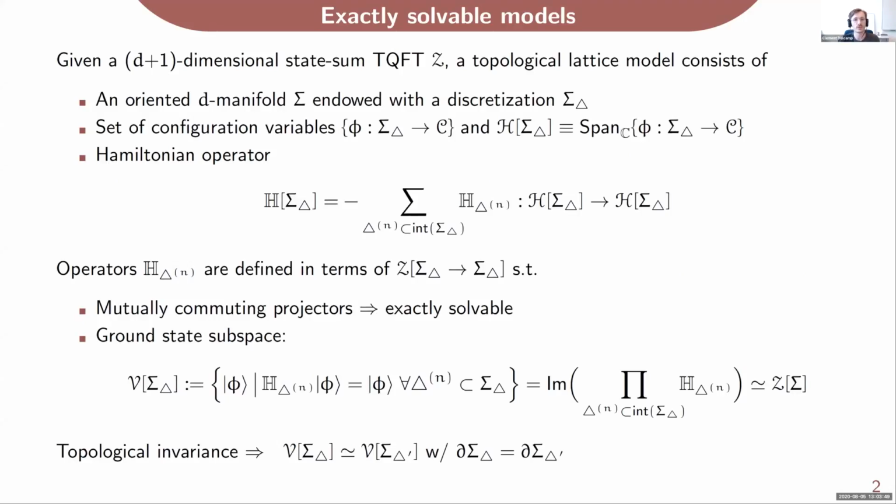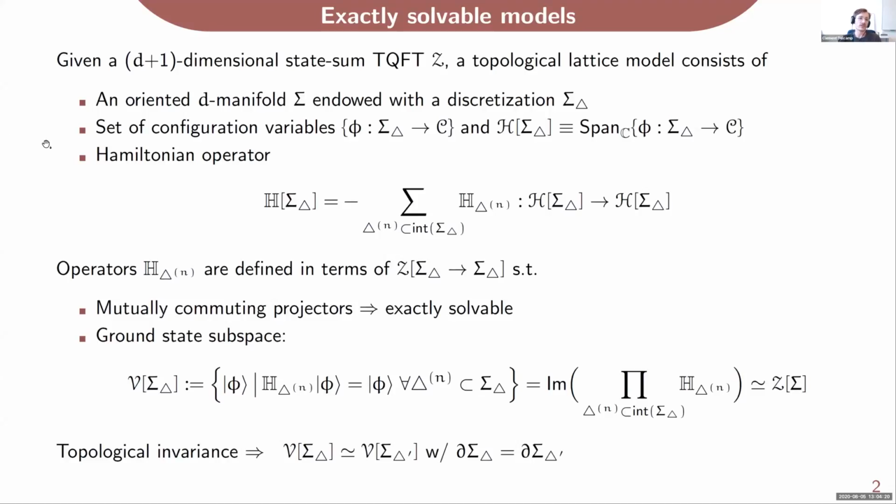Let me sketch a bit loosely the relation between the lattice Hamiltonian and the underlying state-sum TQFT. Let's say I have a D+1 dimensional state-sum TQFT. A topological lattice model consists of an oriented D-manifold, which I equip with a discretization, usually with a bit of additional structure, for instance a triangulation, or I will later consider a cubulation.